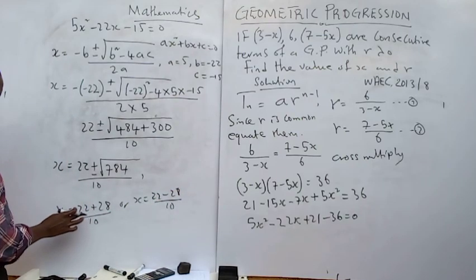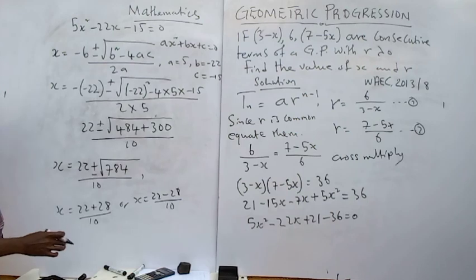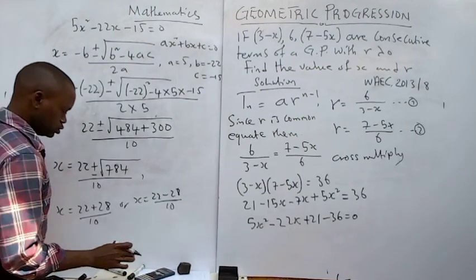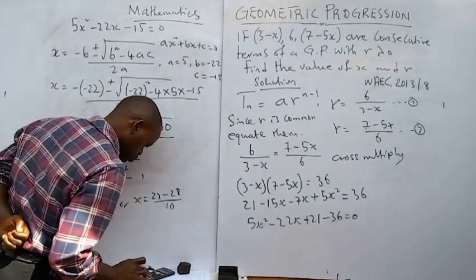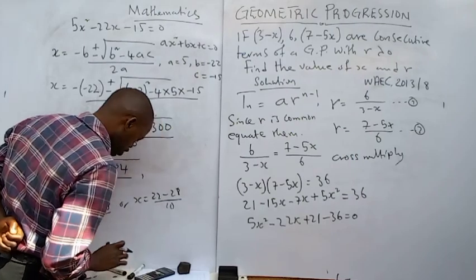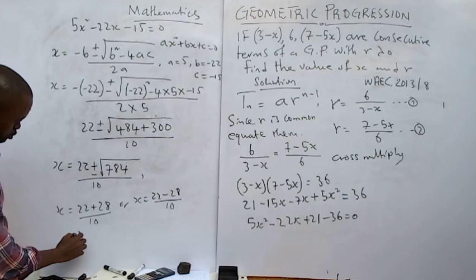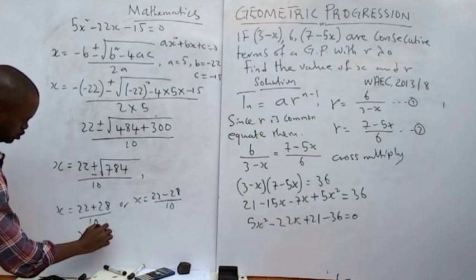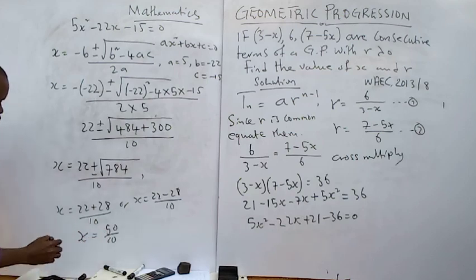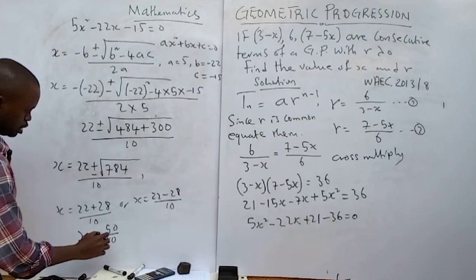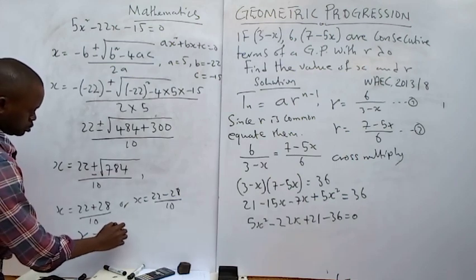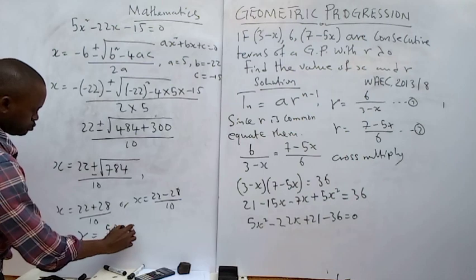So within here, 22 plus 28 will give us 50. And 50 permits me to write x equals to 50 over 10. I hope you are still seeing this. And that will give us equals to 5.